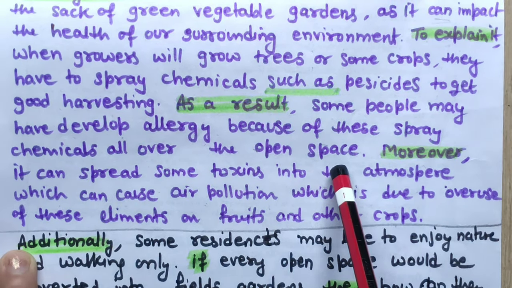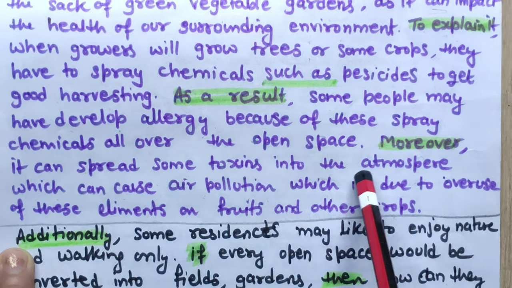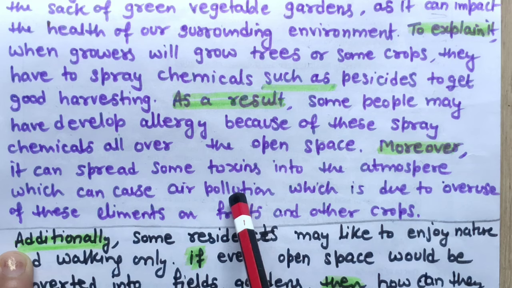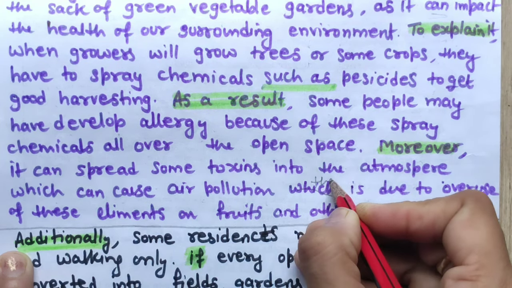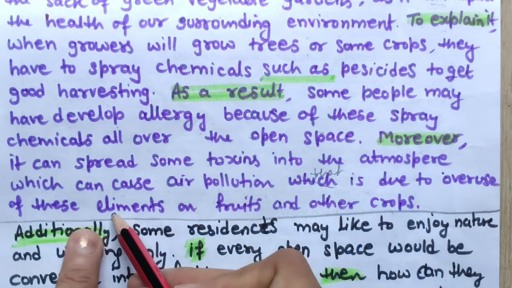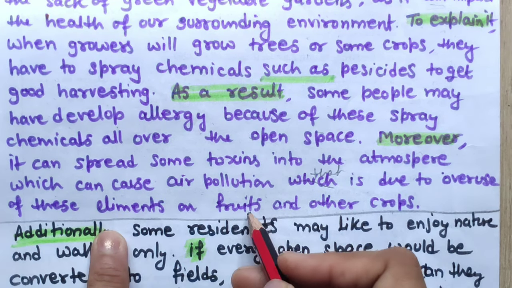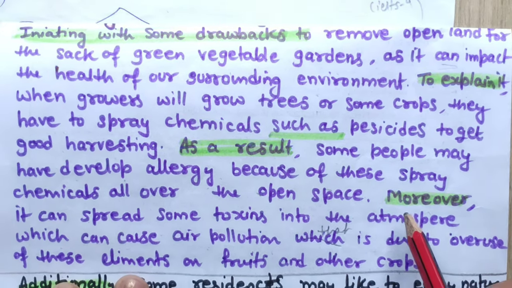They are not used to it actually. Moreover, it can spread some toxins into the atmosphere, which can cause air pollution, which is due to, here we can write, that is due to the overuse of elements on fruits and other crops. So this first point I have explained like that.